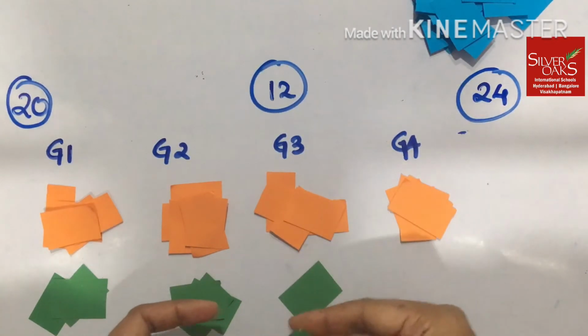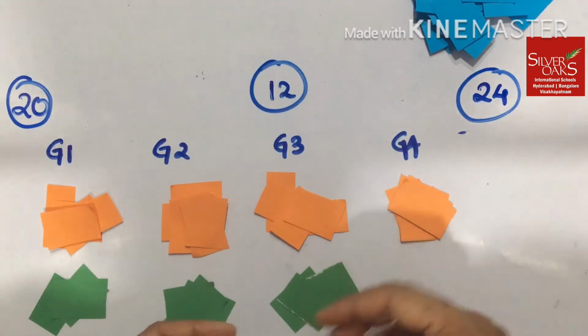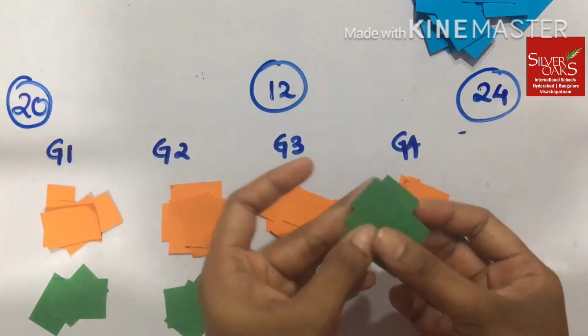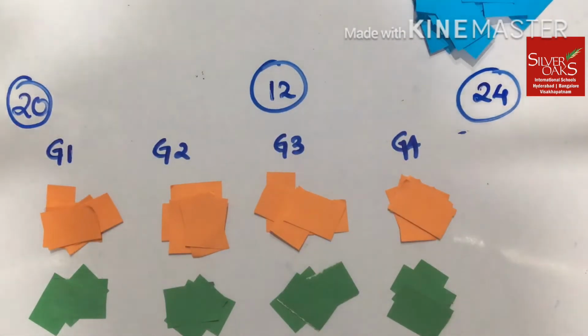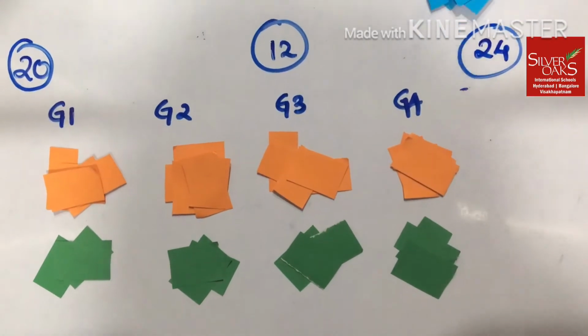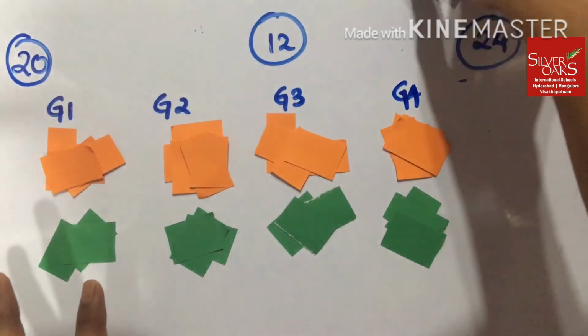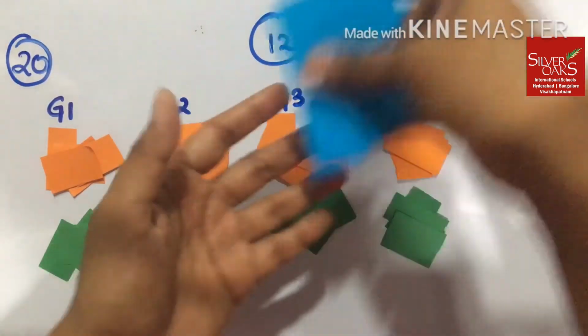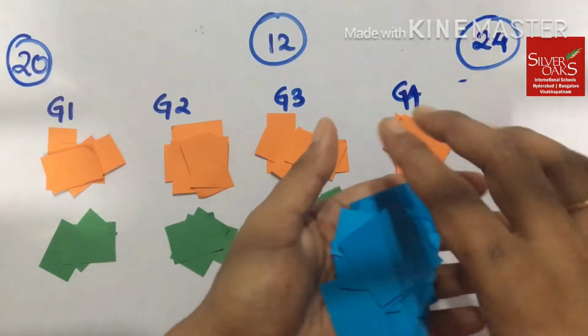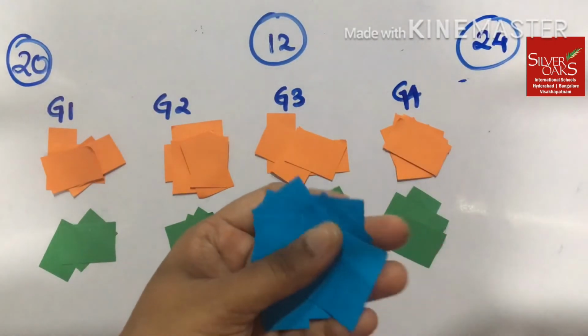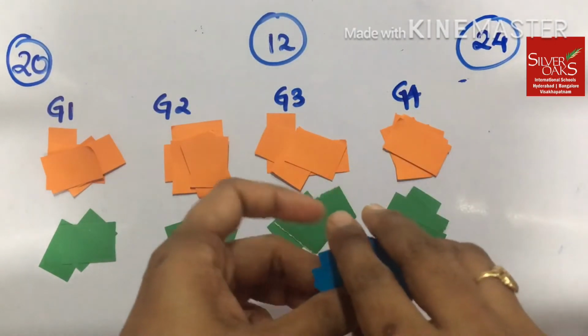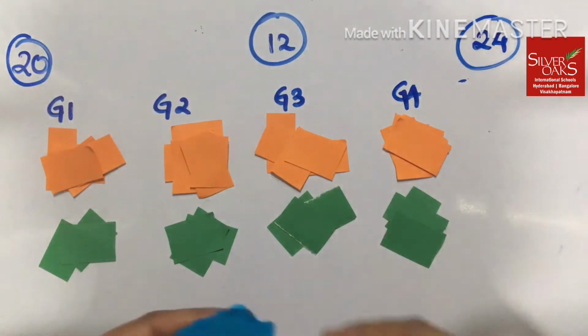Second, third group also 3, and the fourth group also 3. Now the last color. We will take up the blue color paper. We have 24 of them, and I need to distribute it to all the 4 groups.